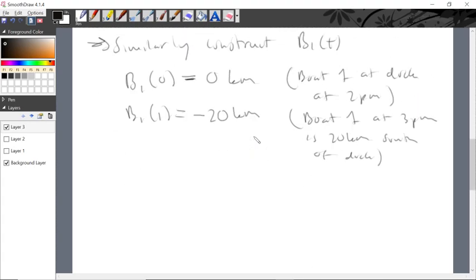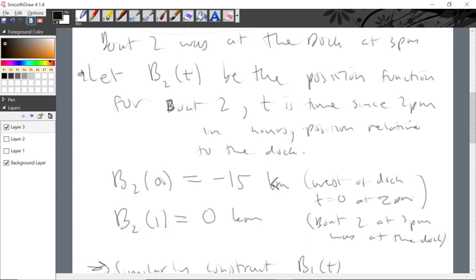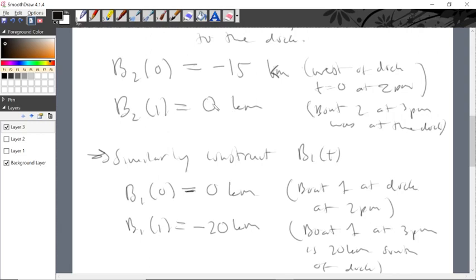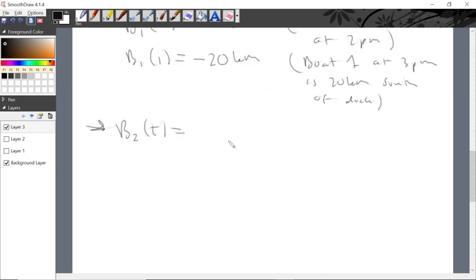Okay, now we can build general functions for these two boat models. B2 of t is linear, and it's connecting the points (0, -15) and (1, 0).